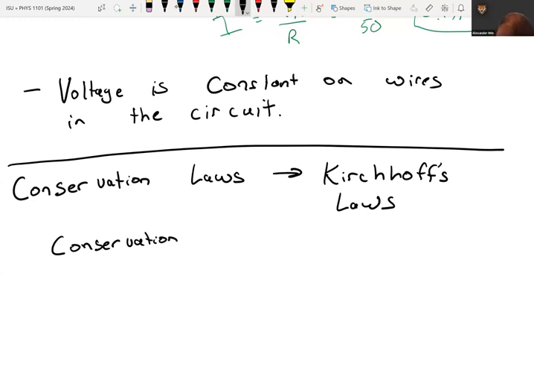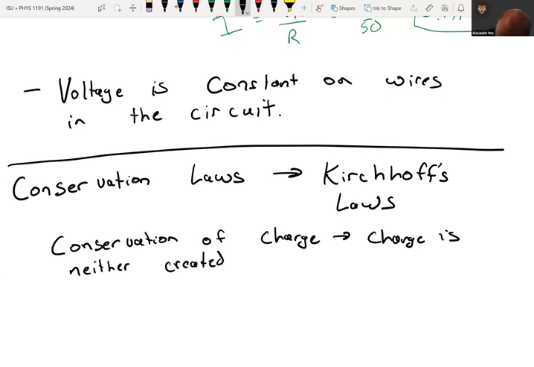And what this is saying is that charge is neither created nor destroyed.